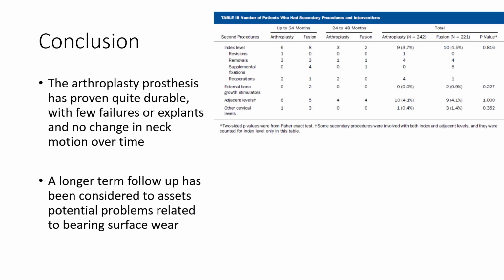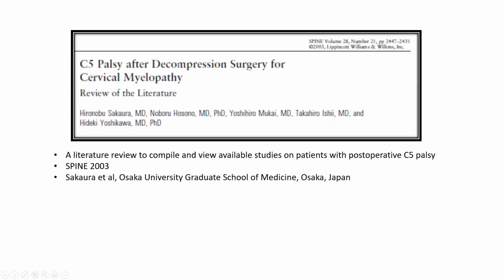In addition, they preserved spine motion and avoided the possibility of any adjacent segment disease. What they comment on is something we mentioned earlier, that longer term follow-up is needed for any issues that may be related to bearing surface wear, which is something that is probably being looked at now. Go ahead and take it to the next paper here and let Jose take over.